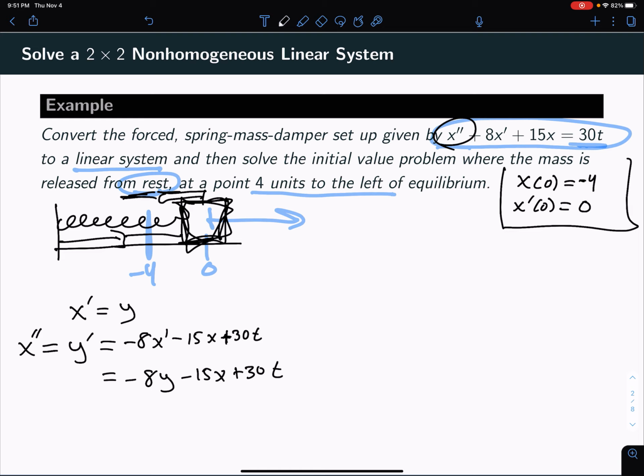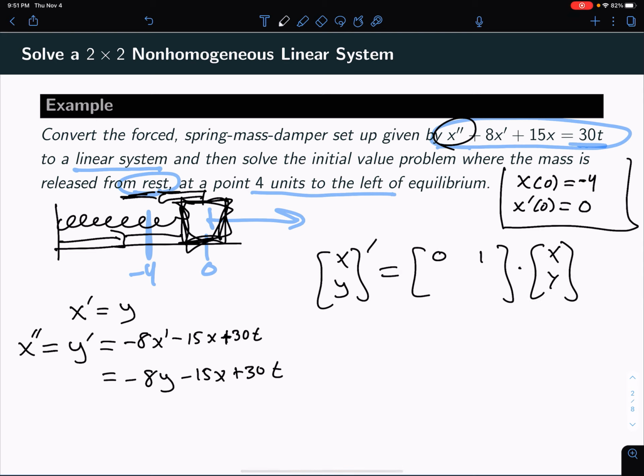And once you have that, you can write it as a matrix vector problem, which is the position velocity derivative equals a matrix times xy. Because x prime equals y, we want 0 times x and 1 times y. And then we need -15x and -8y.